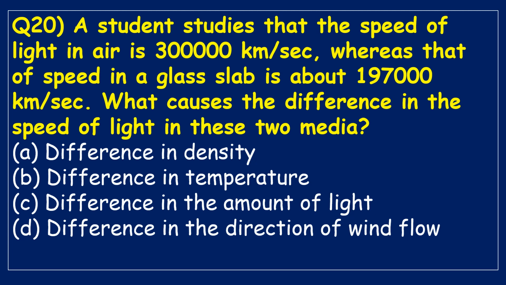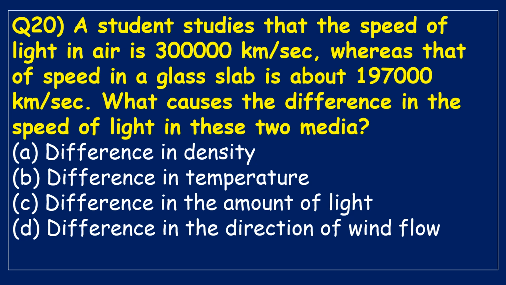So see here, when light moves from one medium to another medium, it generally refracts. When light moves from air to liquid, it refracts towards the normal. When it moves from liquid to air, it goes away from the normal. That means refraction depends upon density. So the speed of light is more in a rarer medium when compared to a denser medium. Here air is a rarer medium whereas glass slab is a denser medium.